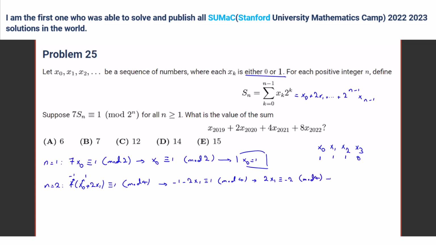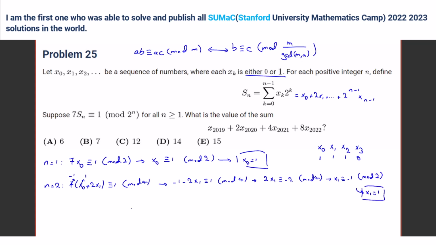Then if we divide both sides by 2, we can say x1 is negative 1 mod what? 2. Yes, and can you tell me if AB is congruent to AC mod M, it is equivalent that B is congruent to C mod what? M over GCD of M and A. And because GCD of 2 and 4 is 2, so mod 4 over 2, mod 2. So x1 is 1, right?